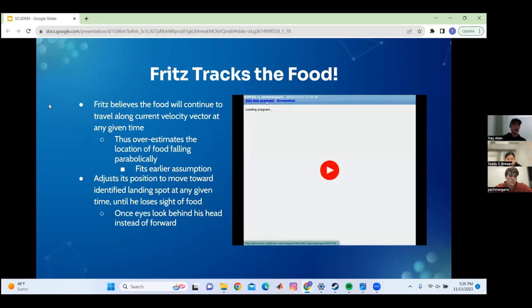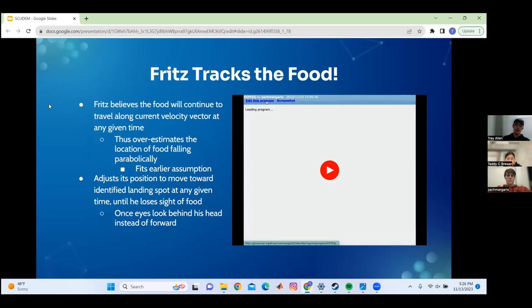So now that we've already talked about how the food falls, we're going to talk about how we had Fritz track food. We essentially implemented code where Fritz believes that the food will continue to travel along the current velocity vector at any given time until it reaches the ground, which effectively means that he will always overestimate the location that the food will land at, because the food is falling parabolically and thus faster than linearly along the velocity vector.